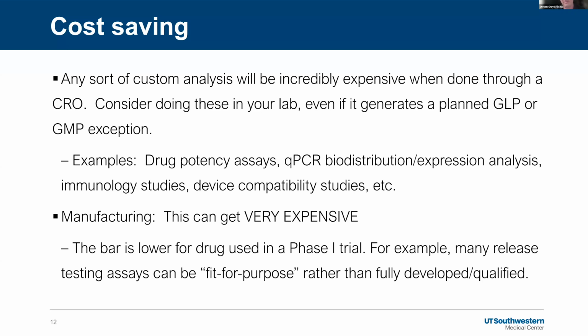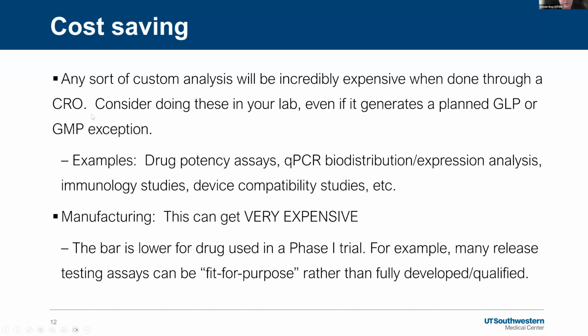I could do it in my lab for like $100,000, and I could meet everything that the FDA actually needed. My lab isn't going to be doing it under GLP, but what you do there is the CRO will say, okay, this is a GLP study. Here's a list of different things that are exceptions that are contributing to that report, but aren't done under GLP. And that can be okay.